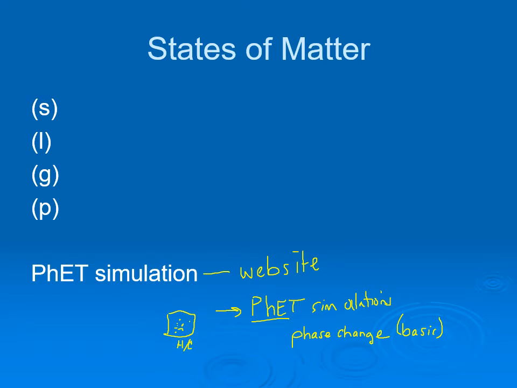You can watch how the motion of these particles changes, and that's how you can look at a solid or a liquid or a gas and see what the phases look like from a particle point of view. So that's what this particular slide is referencing. It's going to a direct website to look up these simulations, and they're interactive. You can change things. You can change what the particles are. You can adjust the phase right off the bat. So a lot of cool things to do there.